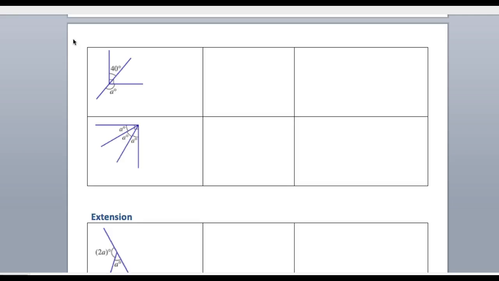All right, let's scroll down. Okay, so let's look at these next two. So here, it's just requiring you to do a little bit of thinking. So I've got a 90-degree angle here, and I've got a 40-degree angle in here, and here is A. Now, if this is 40 degrees, let's just think about this.